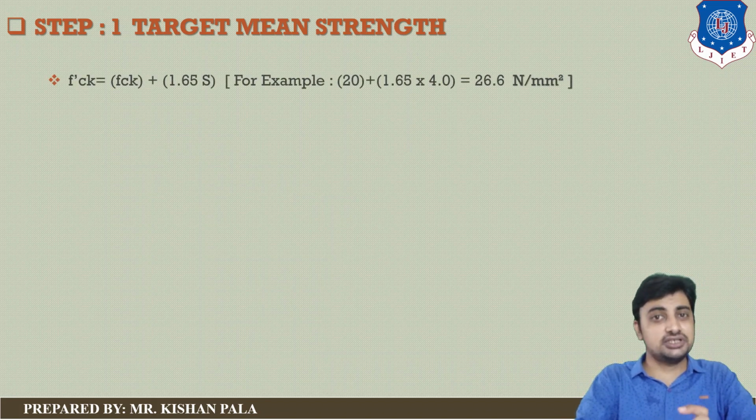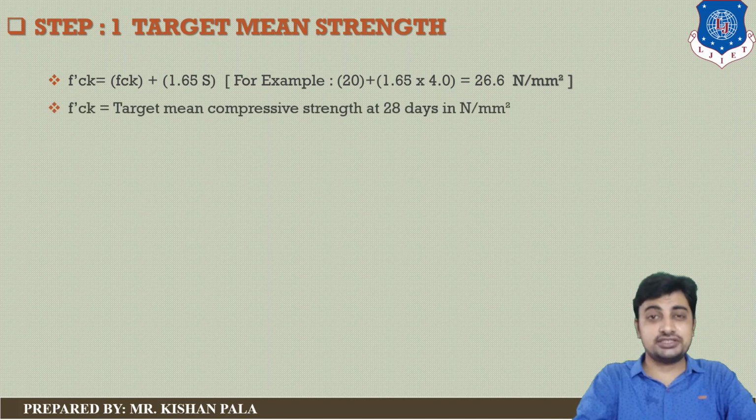In this case you have to calculate f'ck, which is the target mean strength, equal to fck plus 1.65 into S. What is f'ck? f'ck means target mean compressive strength at the end of 28 days, in Newton per mm square.